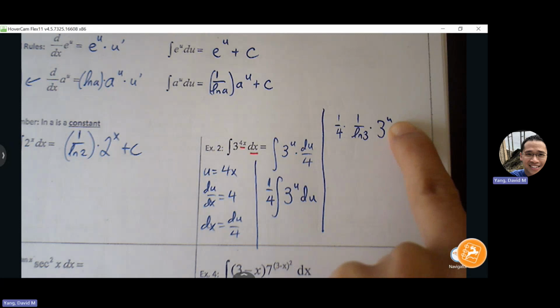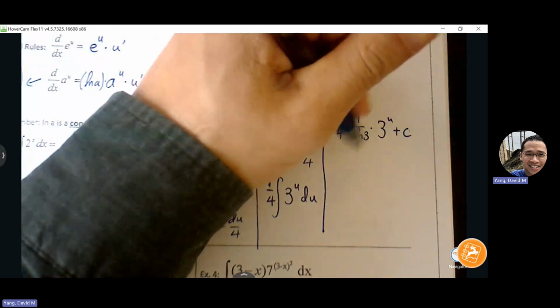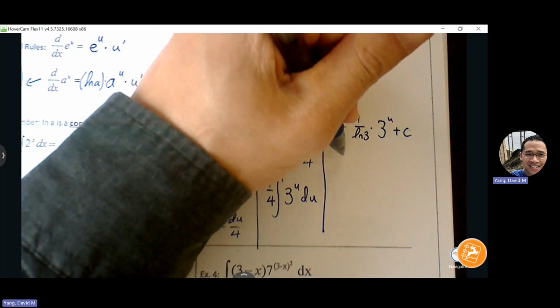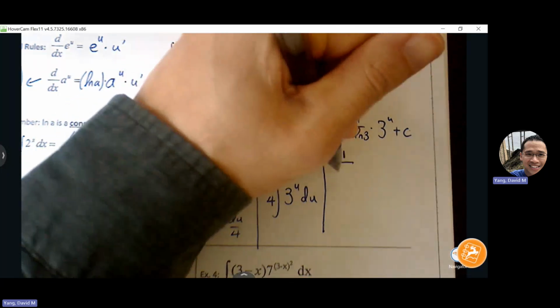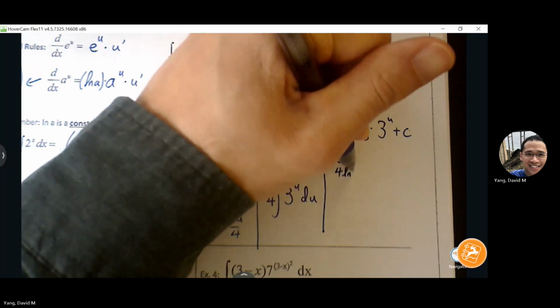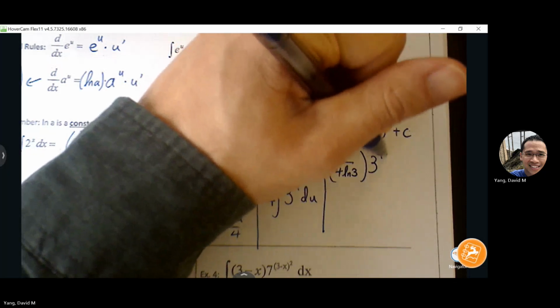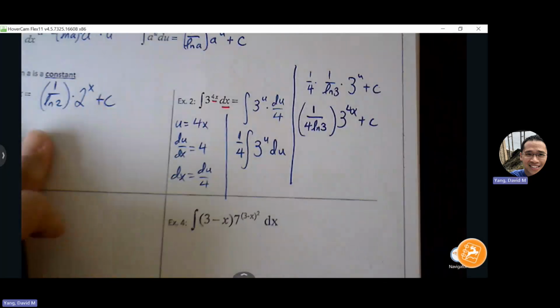Bring what back? Yeah, replace u back with 4x. So what do we put in place of that? 4x, okay. 1/(4 ln 3) times 3 to the 4x. I'll show you a couple different versions to do this. Any of these are fine. This is fine.